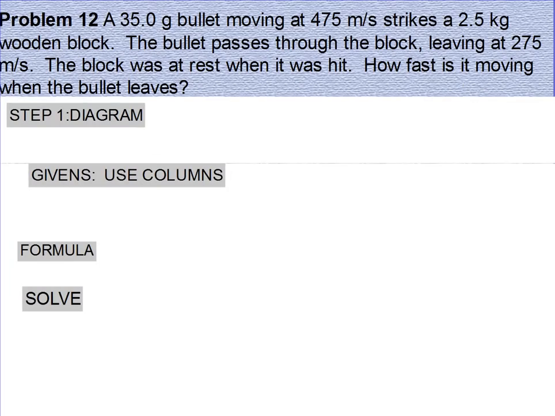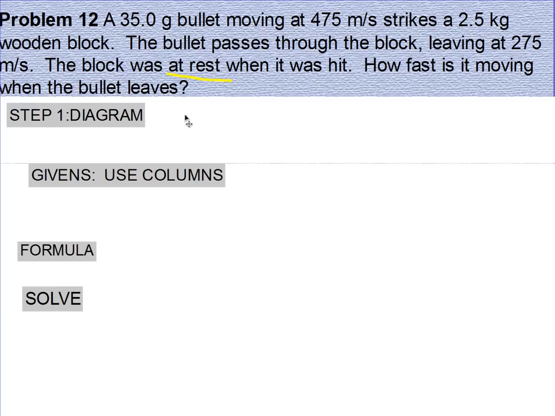Let's try a problem. Suppose I have a 35-gram bullet moving at 475 meters per second, and it hits a 2.5 kilogram wooden block. The bullet passes through the block, leaving it at 275 meters per second. If the block was at rest when it was hit, how fast was it moving? The first thing you have to do is draw a diagram.